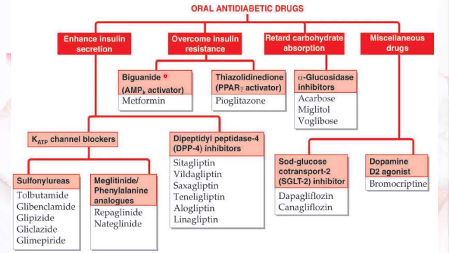AMP kinase functions to reduce the conversion of glycogen to glucose, and also to reduce the intestinal absorption of glucose. As simple as that. Therefore, increasing insulin sensitivity and thus overcoming insulin resistance. It is given to patients of type 2 diabetes mellitus.